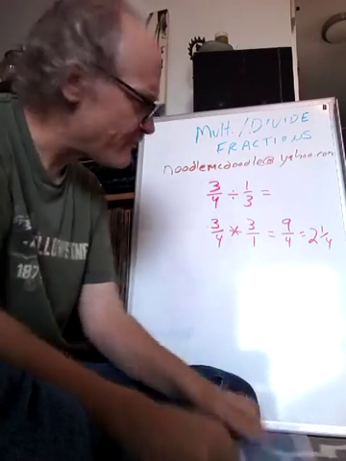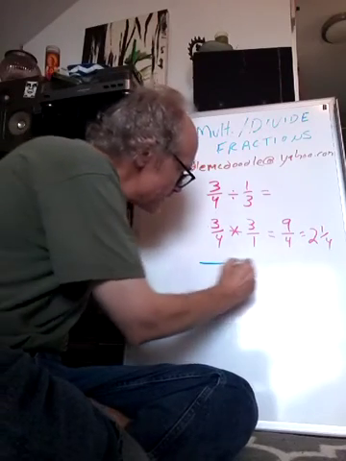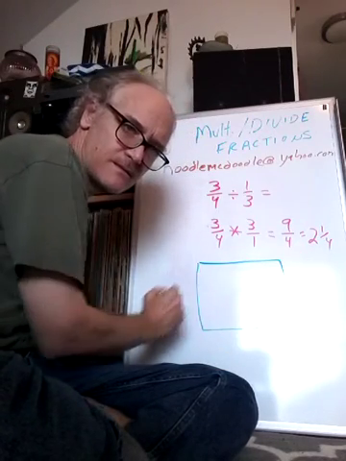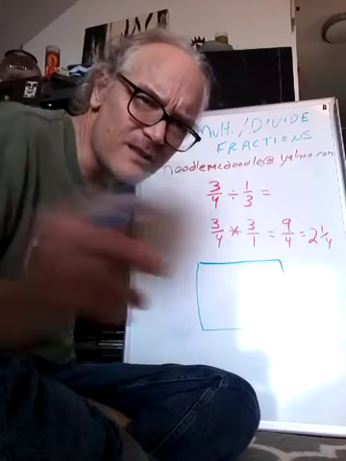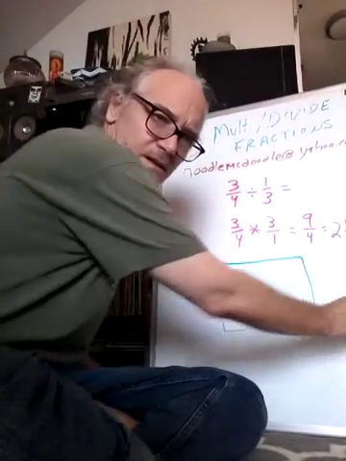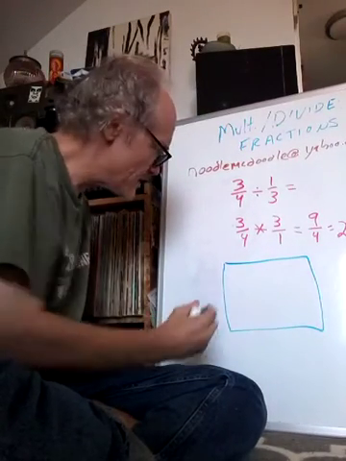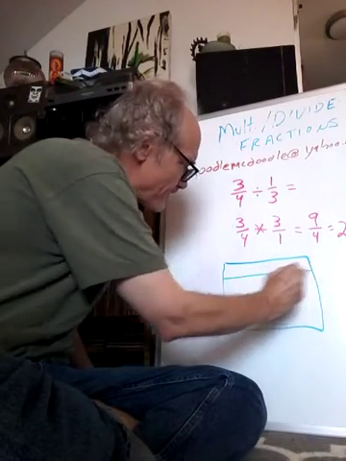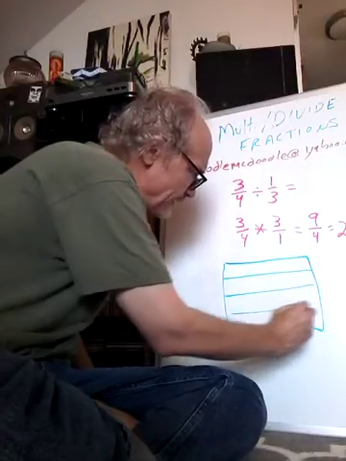If I start with 3/4, that would look like this. Can you see it? There's a little glare here on the light. There we go. Better. 3/4. Okay.